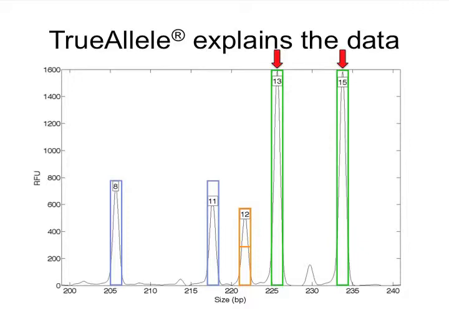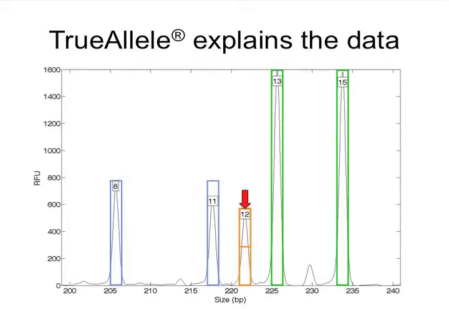So this is an example of one explanation the computer came up with. And what we're seeing here in green is indicating that maybe the major contributor is a 13-15. And then the middle contributor might have an 8-11 allele pair.